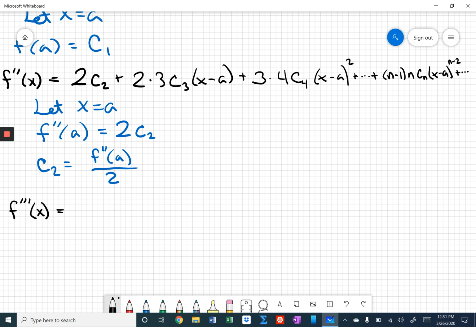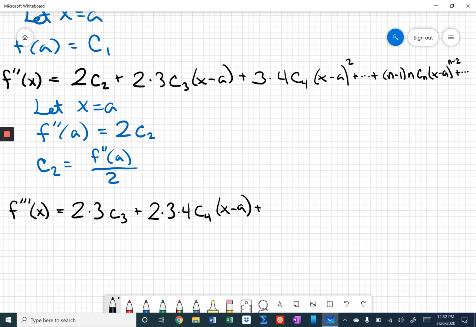2c sub 2 is a constant, so its derivative is 0. And then we're going to be left with 2 times 3 times c sub 3 plus, again, I'm not going to simplify, 2 times 3 times 4 times c sub 4 times x minus a plus, what would the next term look like?